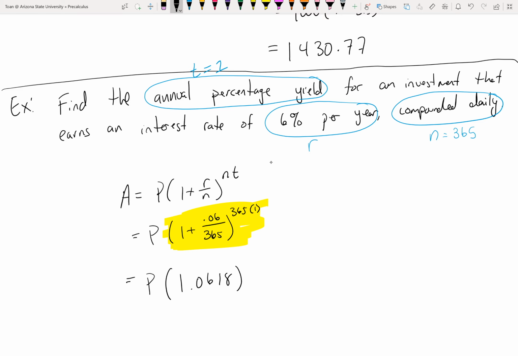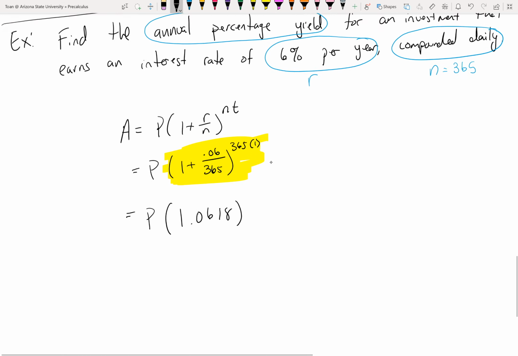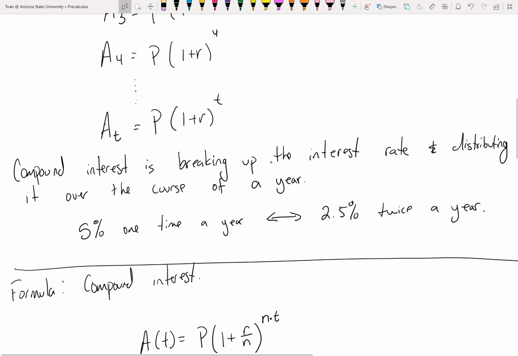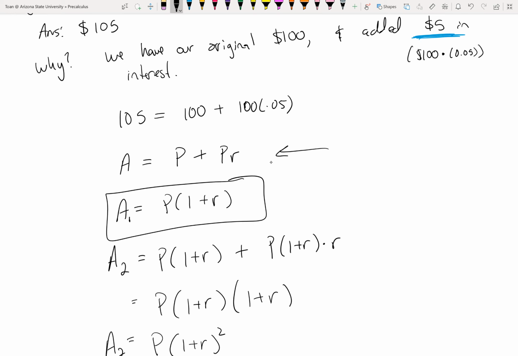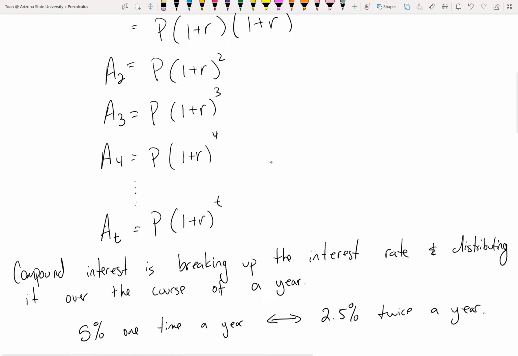So if you pop that into a calculator, you should get about 1.0618. Well, remember what we started with in terms of the simple interest formula. Remember how we started with this formula here. So basic interest will always be your principal times 1 plus an interest rate. That is what we're looking for here.